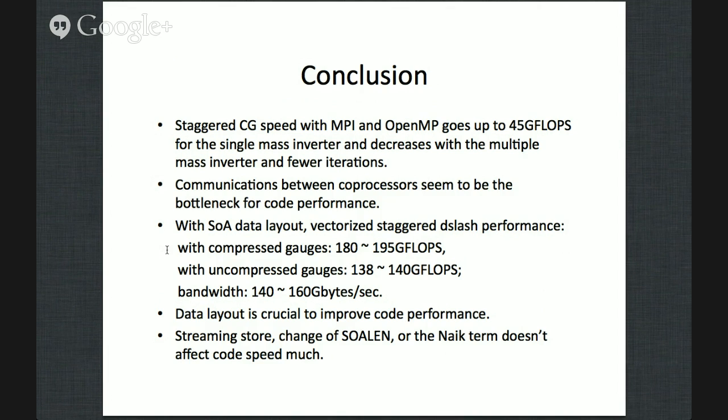And for uncompressed gauge, the performance is around 140 gigaflops, and the bandwidth is around 140 to 160 gigabytes per second. So the data layout is crucial to improve the code performance in the vectorized D/slash code. And in our case, we didn't see much performance difference from the streaming store, the change of SOA length, or the naive term.